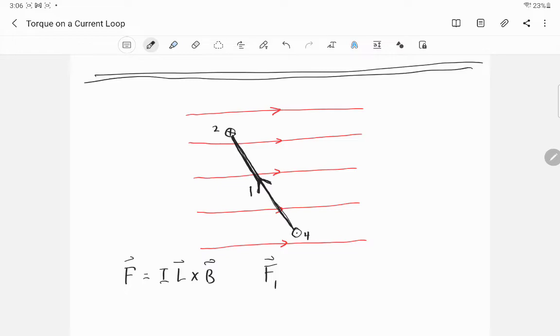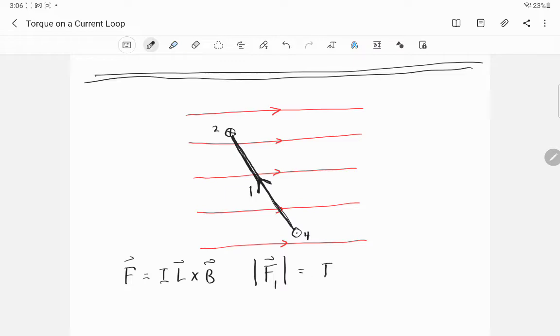And so if I wanted to understand the force acting on side 1, you can see that, first of all, it's got to do with the length of the segment. It's got to do with the sine of the angle between the segment and the magnetic field in the background. So let's just think about the magnitude of the force on side 1.